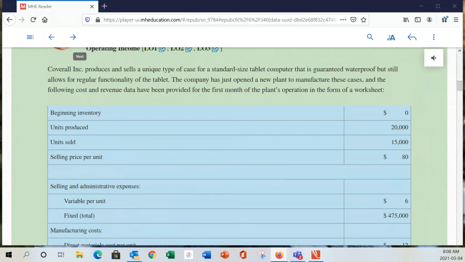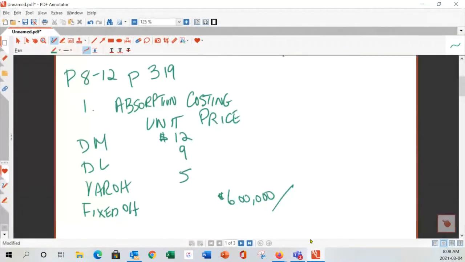It's production, so we want to divide by 20,000. It's per unit of production. We do that, and we get $30. So our total absorption cost per unit, we add up these four amounts, the 12, 9, 5, 30, and we should get $56.